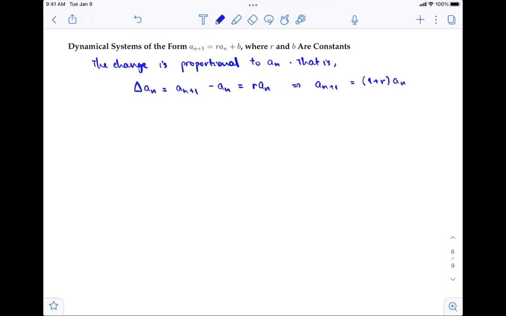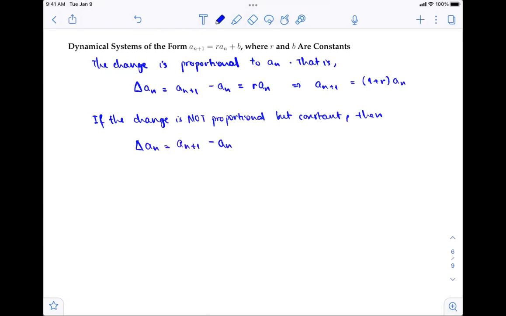Okay, if the change is not proportional but constant, what's going to happen? Then delta a sub n, equal to a sub n plus 1 minus a sub n, is equal to some constant b, right? In this case, b is some arbitrary constant.